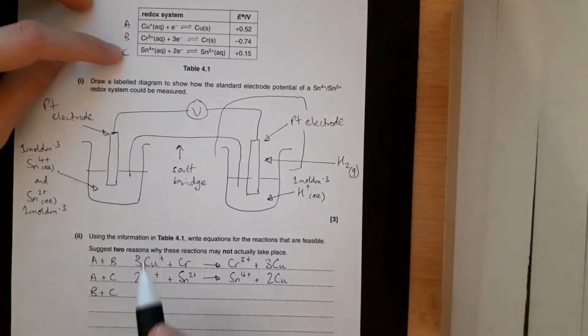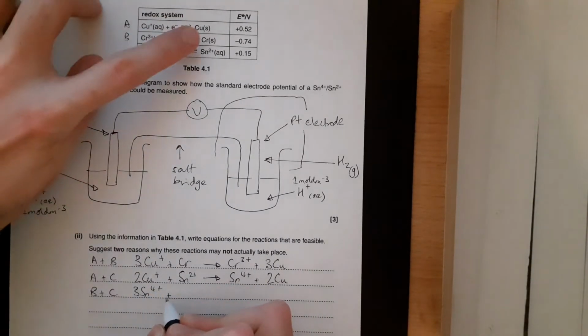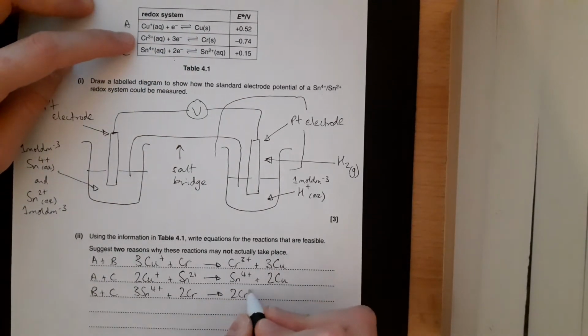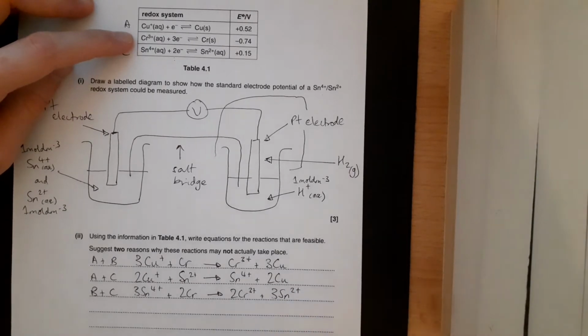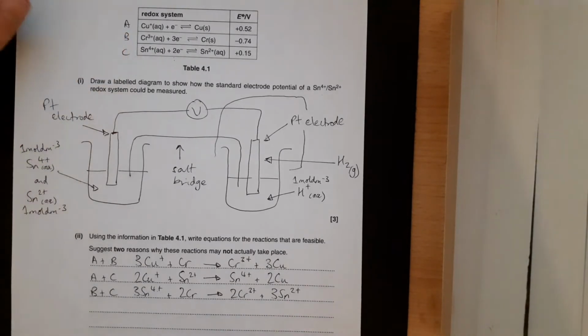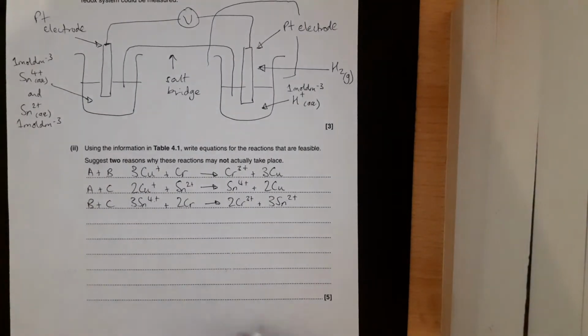So we're going to have 3 Sn4 plus 2 chromiums is going to make 2 Cr3 plus 3 Sn2 plus. And again, 3 lots of 4 plus is a 12 plus charge, and we've got 6 plus and 6 plus there.